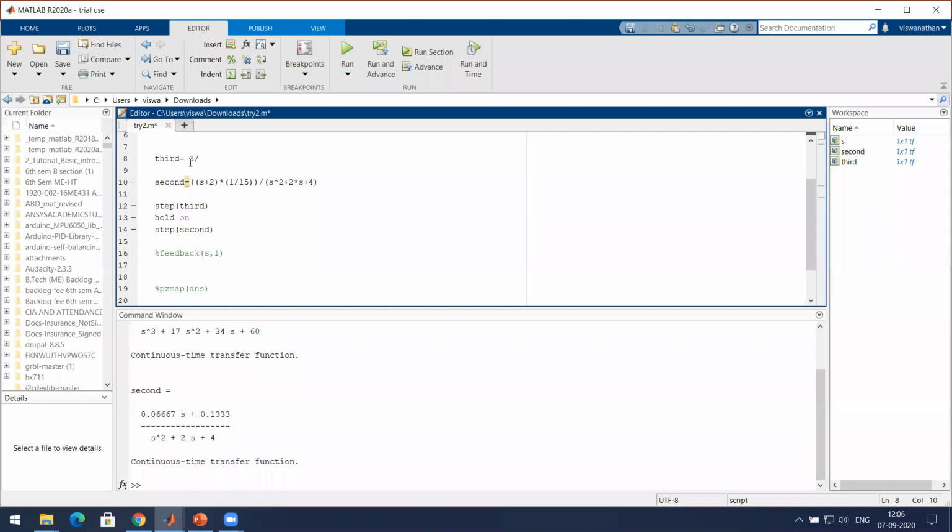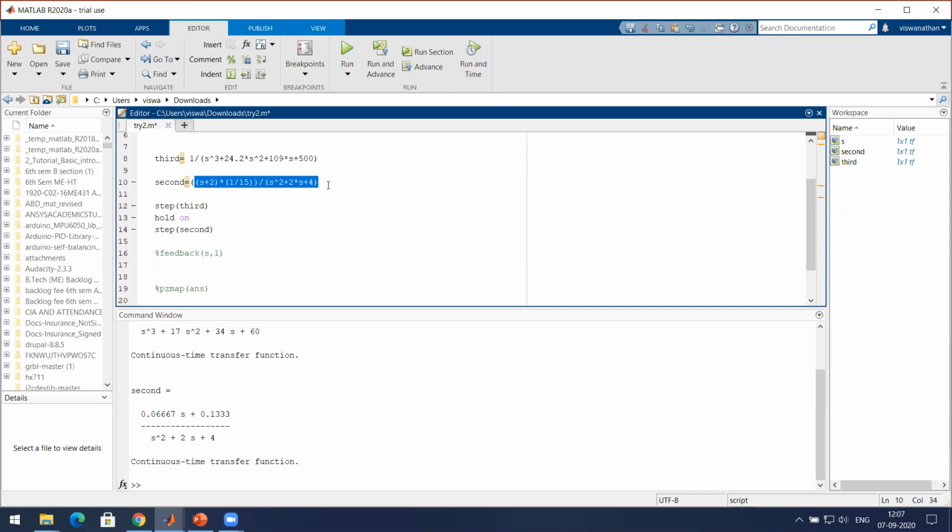Third order is 1 divided by s cube plus 24.2 into s square plus 109 into s plus 500. Okay, so this is the third order system.